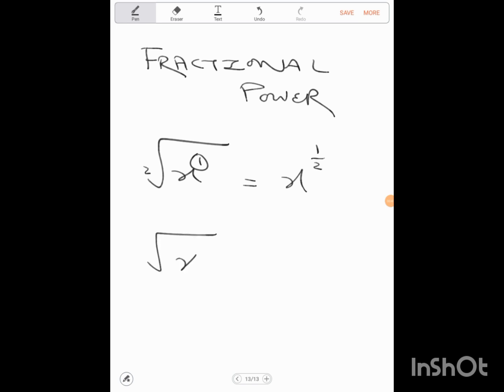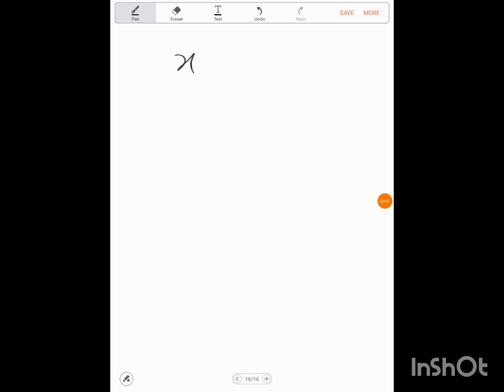Okay, in case it's a cube root, it's 3 that is written on the root sign. There's a 1 that is obvious. So if you convert it into fractional power, it's going to be x to the power of 1 upon 3. Okay, now this is very important.